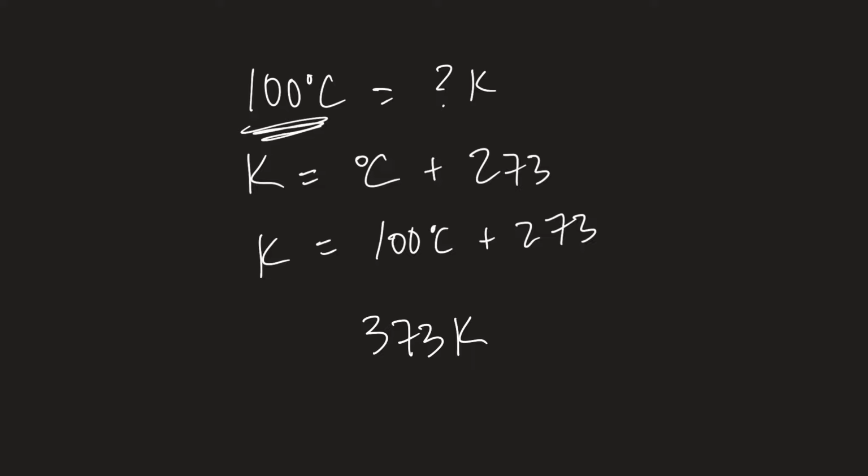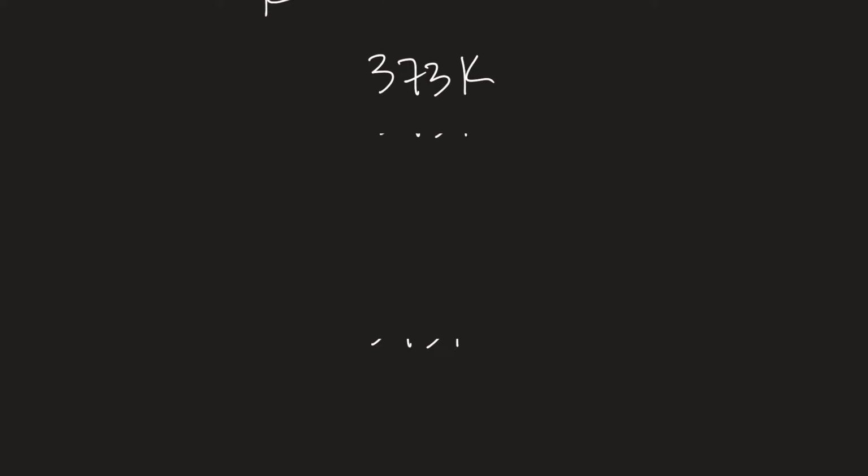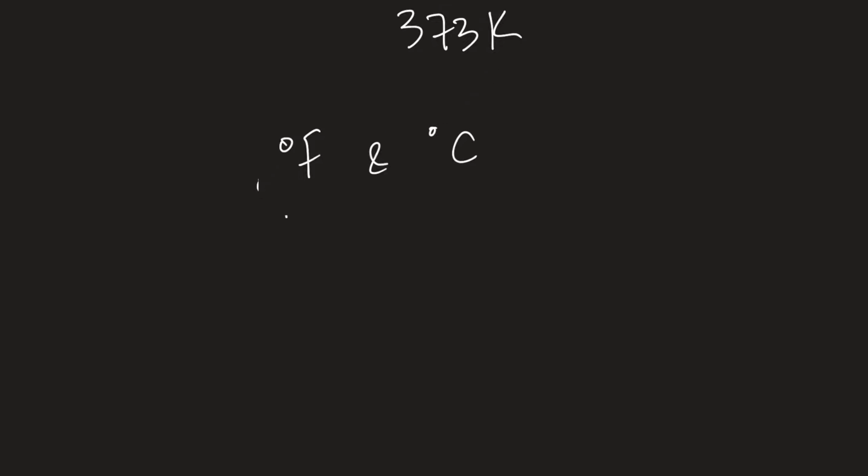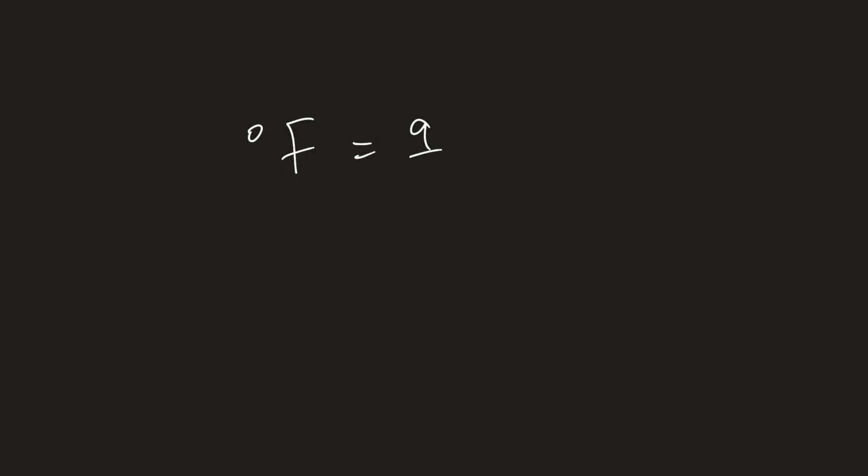Now, we also need to know how to convert between degrees Fahrenheit and degrees Celsius. Since these two temperature units have different unit sizes and 0 points, the conversion between the two is a little bit more complicated. Let me show you how this works. To figure out degrees Fahrenheit from degrees Celsius, degrees Fahrenheit is equal to 9/5 of the degrees Celsius plus 32.